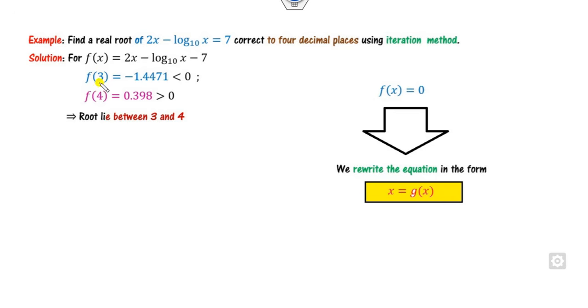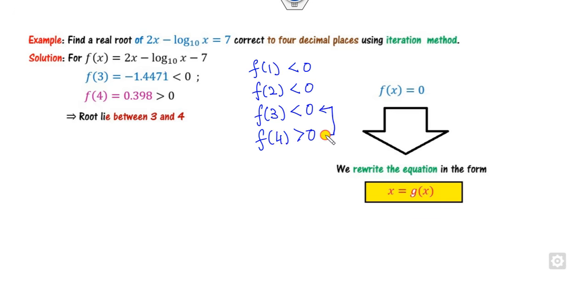If I start from f of 0, which is negative, you can find f of 1 is also less than 0, f of 2 is also less than 0, f of 3 is also less than 0. You can find f of 4 is greater than 0. So the root lies between 3 and 4. That means my interval is 3 comma 4.